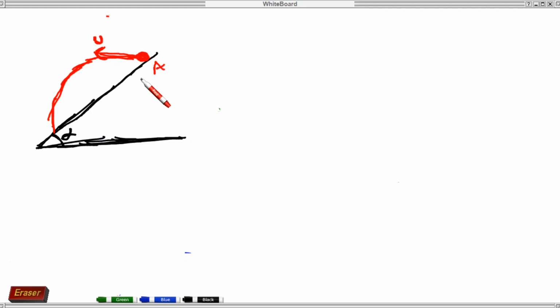This will be our starting point A, and this is our ending point B. Let's draw a parallel line to this line, so this one will be alpha, and suppose this angle is theta.